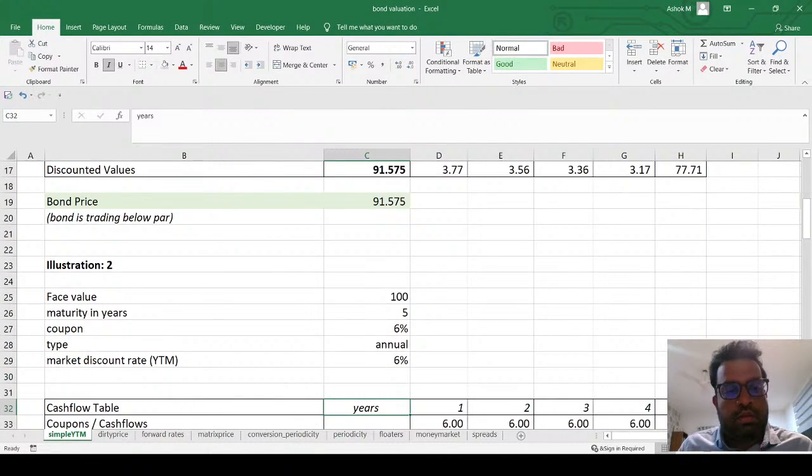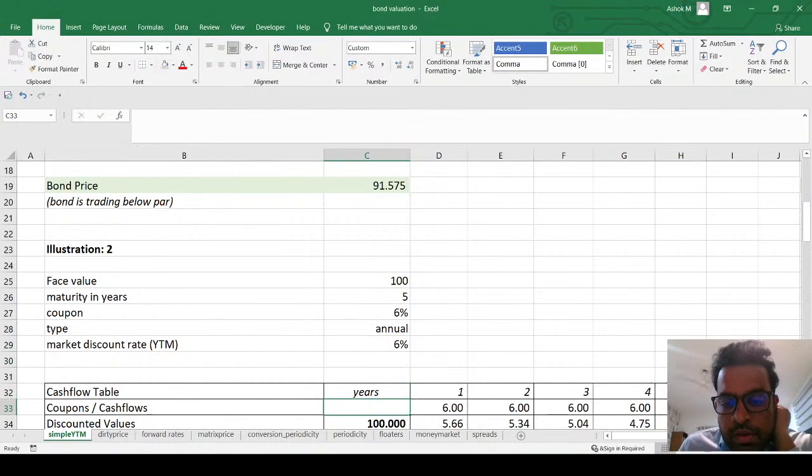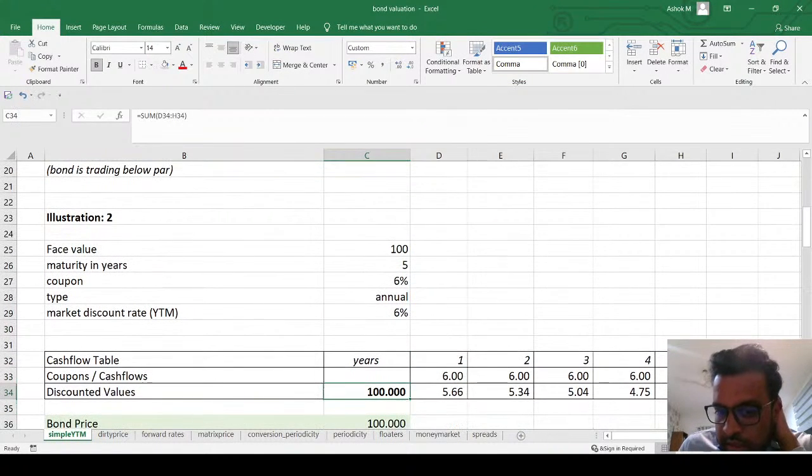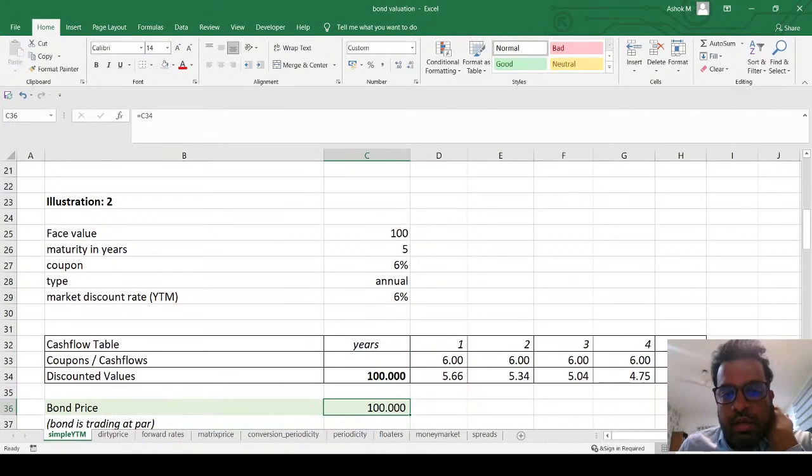So I think we'll see another illustration. Face value is 100, maturity 5, coupon 6%, periodicity is 6, the market discount rate is 6%. So it's simple. Since coupon and yield are the same, the bond price should be 100.